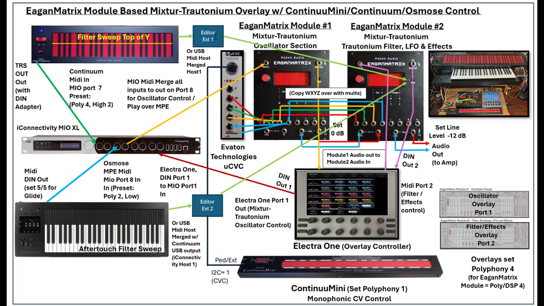If I didn't want to use the editor, I could use a MIDI host with some MIDI merging, use some other ports on the Mio to do that. But it's important that I'm going to have control of both of the modules in parallel for this to work.